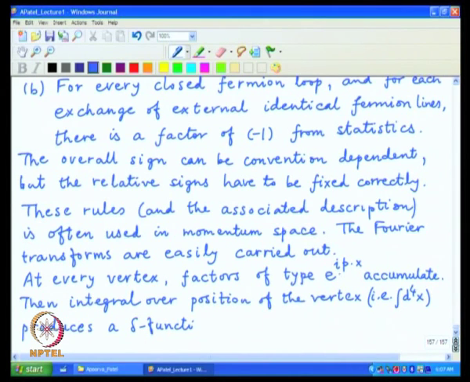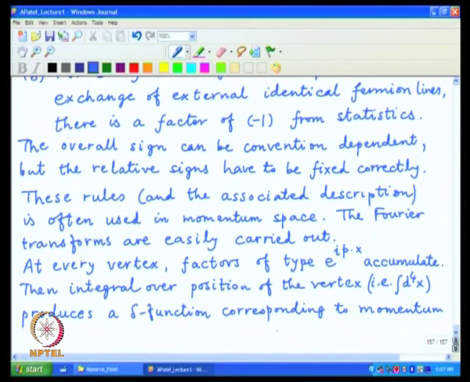Because the integral of factors of e raised to i p dot x will just produce delta of the summation of all the momenta corresponding to that particular vertex, and you can see that as delta 4 of the summation over all the momenta, and it has to be counted in terms of the direction described by the arrow of the various lines.